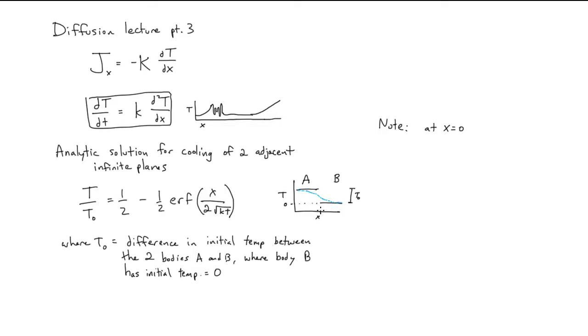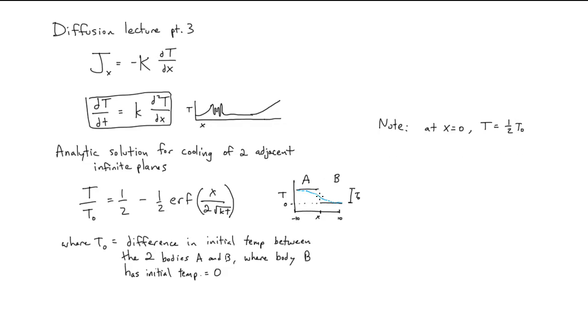We're going to have x is 0, and then let's say x is 10, and this is minus 10. So right at the contact, you can put a 0. You can see this in Excel. Put a 0 in for the error function. Error function of 0 is 0. The temperature is going to be 1/2 of T naught.